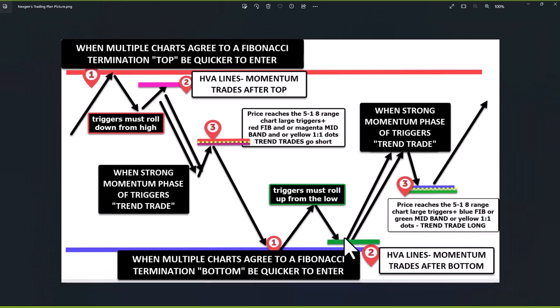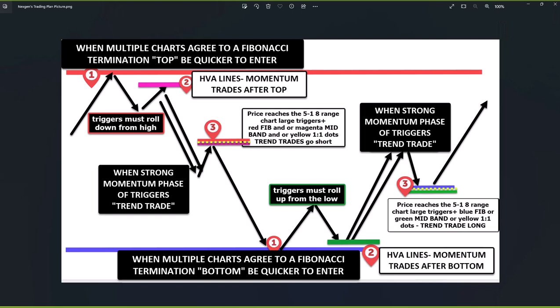You don't always get a momentum look that's worthwhile, right? You don't always get a high volume area that's worthwhile. But if you get the good bottom, and now that you can recognize a good bottom quicker, you'll see when those small triggers roll on your 13.2 on the S&P or Crude, you get that first momentum trade.